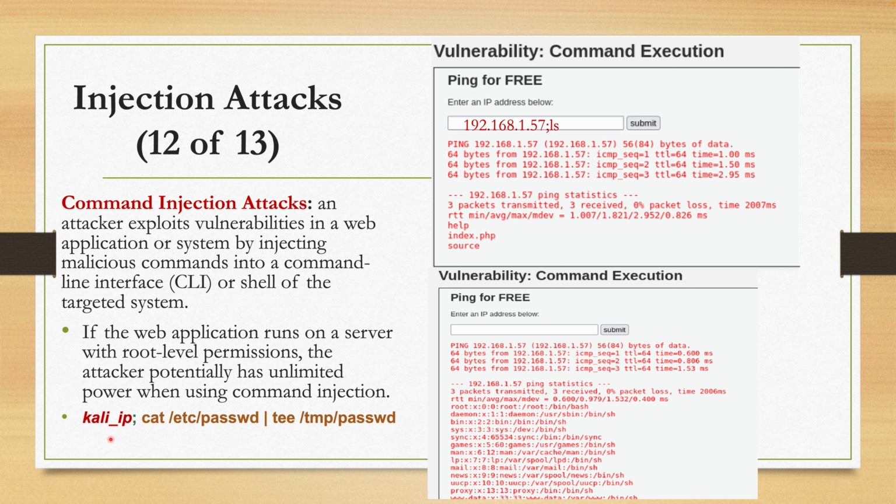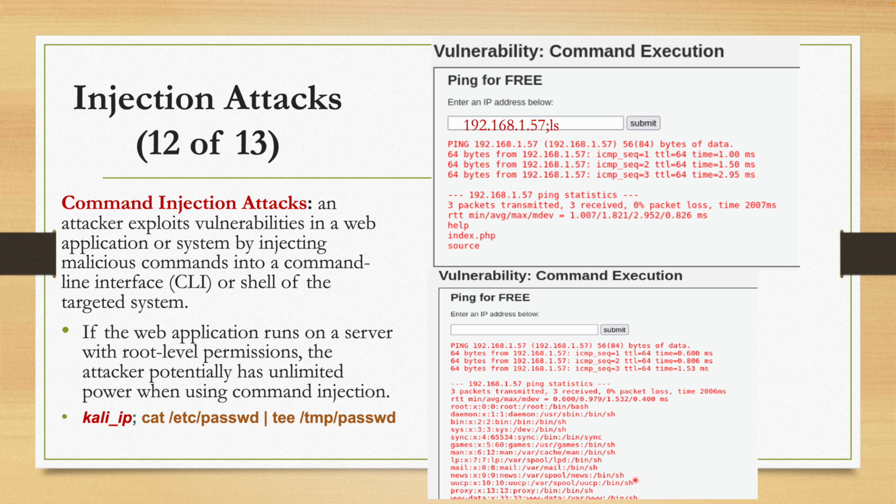Now, you could also try a more advanced command. If you want to ping some other computer, okay, here, you put down semicolon cat /etc/passwd pipe tee and a temporary file. So you put that down right here, you submit, and you get the ping running perfectly, no problem.